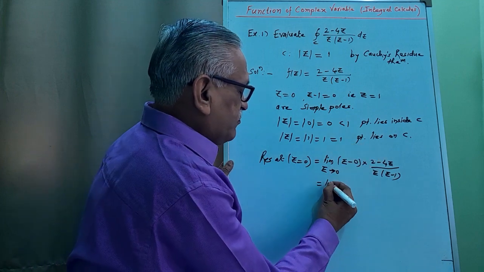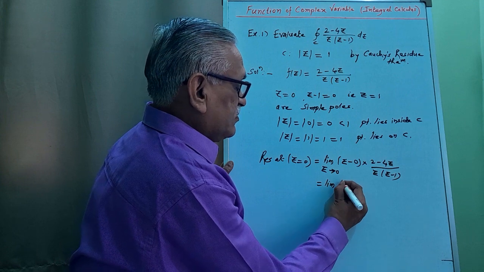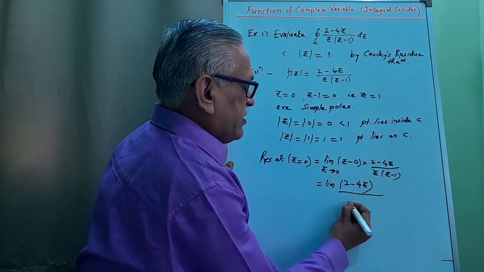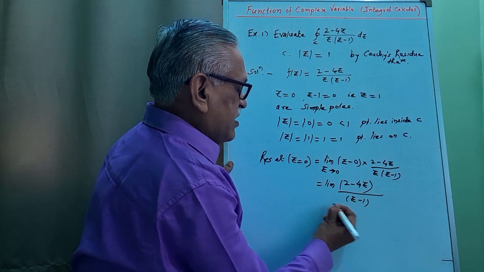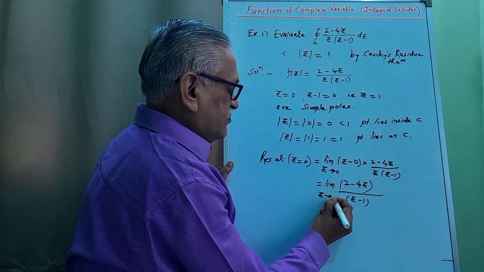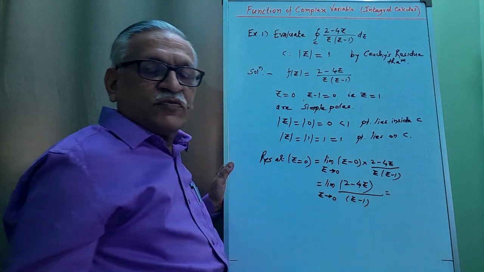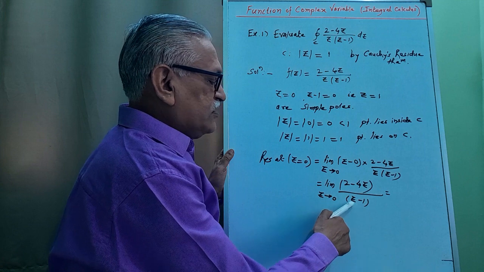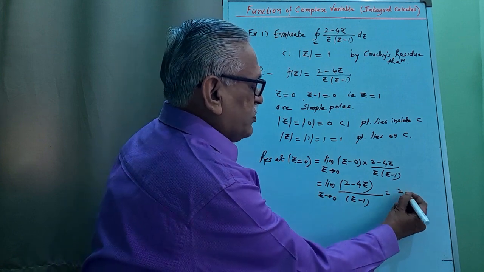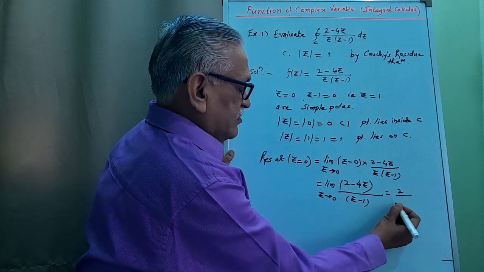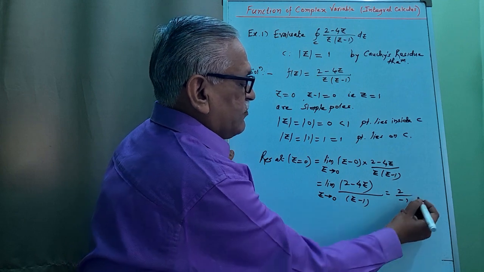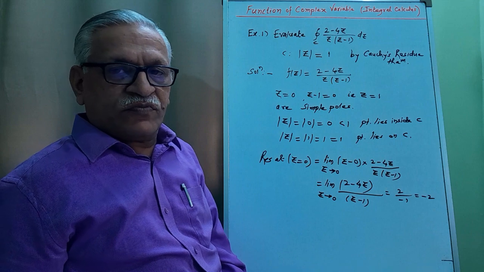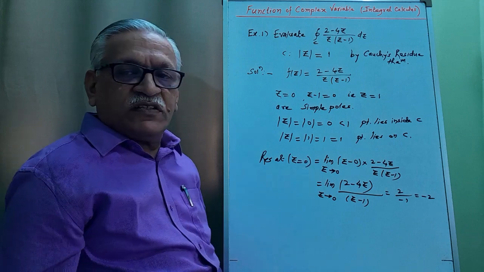We have the limit of (2 minus 4z) whole divided by (z minus 1) as z tends to 0. Substituting z equals 0, we get the 4z term as 0 and the z term as 0. Therefore, it is 2 divided by minus 1, and therefore the value is minus 2. The first residue, at the point z equals 0, is minus 2.